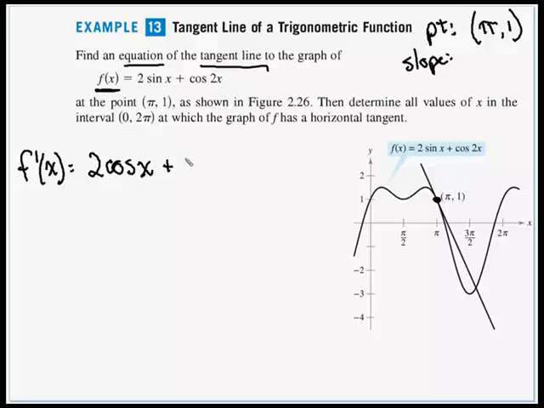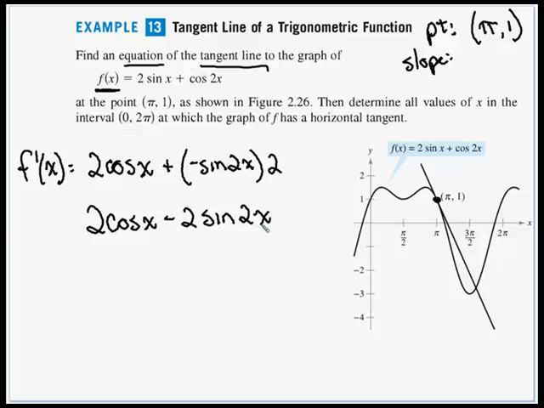The derivative of cosine is negative sine of the same 2x times the inner function's derivative, 2. And here the negative sign will overpower this positive, so we're going to have 2 cos of x minus 2 sine of 2x.